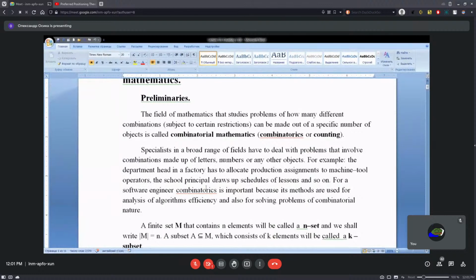The school principal draws up a schedule of lessons and so on.